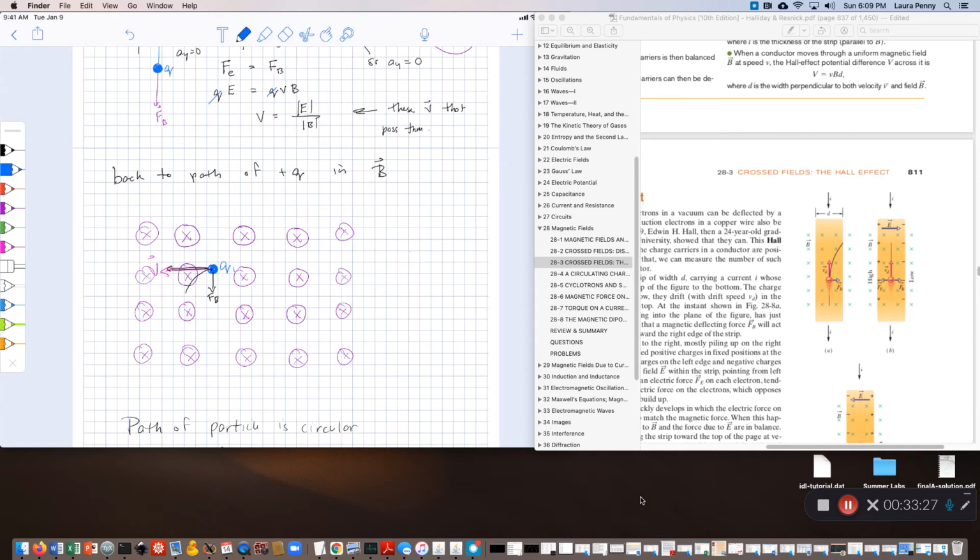And so there'll be a time when the particle is now at this place. When it's there, it's going to have a velocity which is this way.